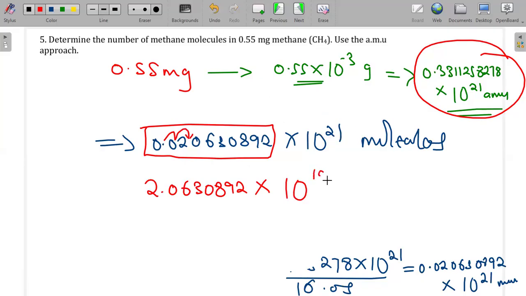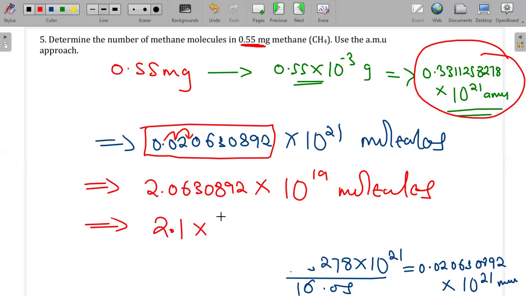So that would be 19 molecules. Also be careful to check the number of significant figures we had here. There are just two, so round the answer to two significant figures. That will be 2.1 times 10 to the power 19 molecules.